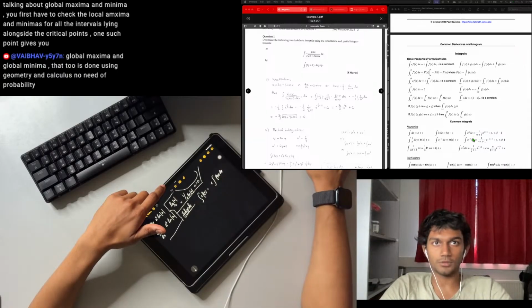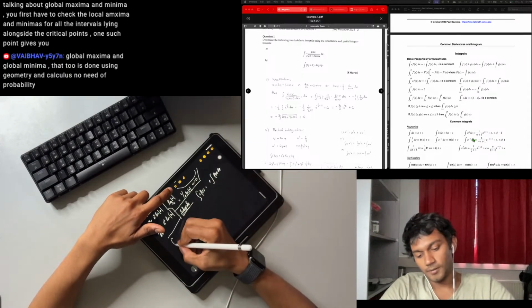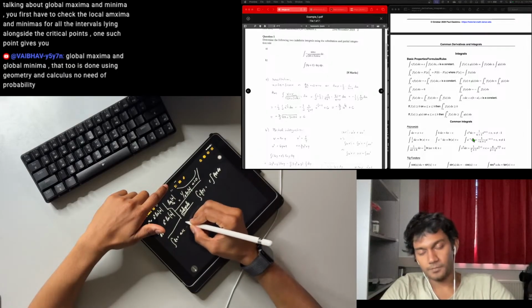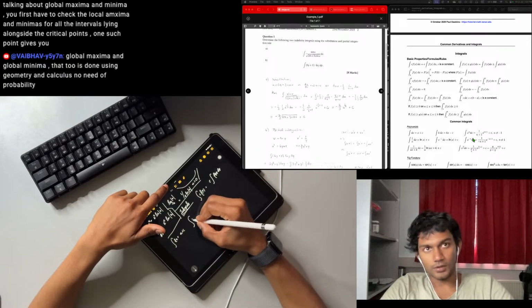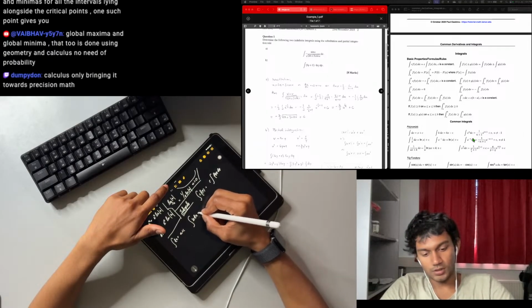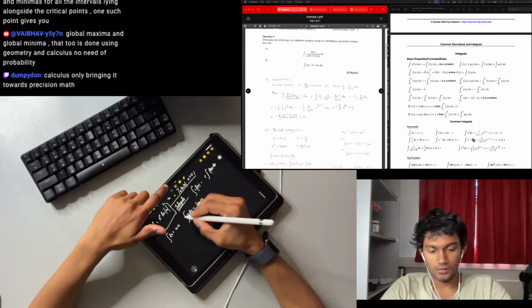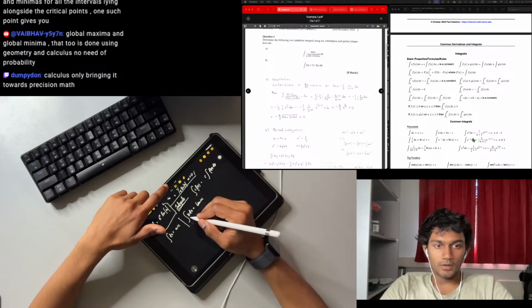Common integrals, that's what I want. Integral d of x equals x plus c. Integral k d of x equals 0. No, k x plus c. Calculus is only bringing it towards precise math.